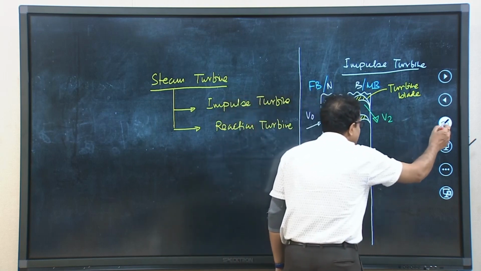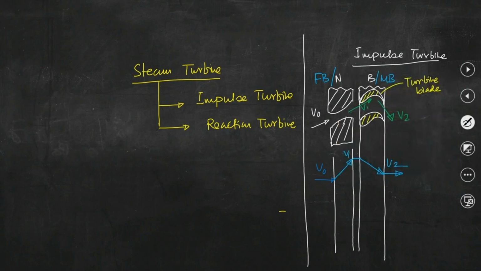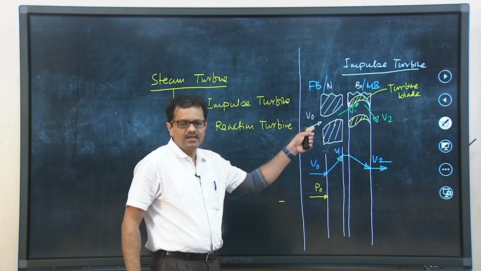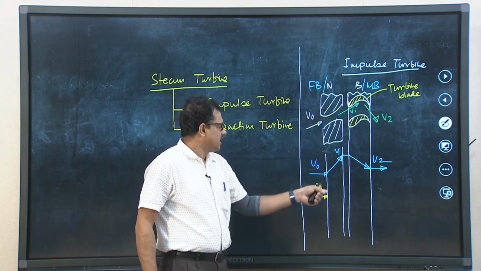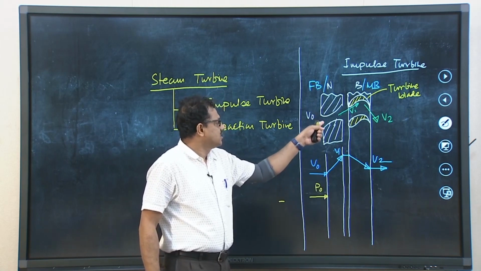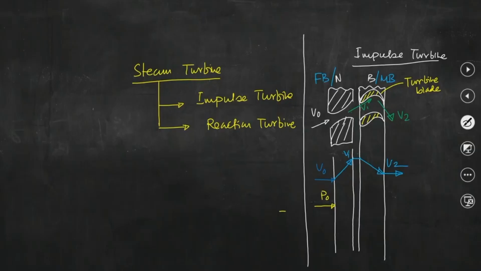So, if we now try to draw what about pressure, this is P0, which is available with the steam at the inlet of the nozzle, and then while steam is flowing through the nozzle, pressure will fall, so this pressure has fallen to P1.